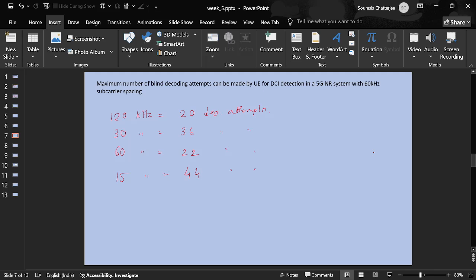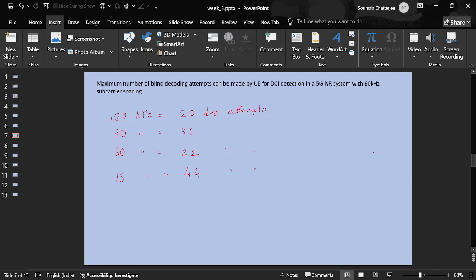So as a user, do I need to look into all these 275 times 14 places for a DCI every 0.5 millisecond, or is there some smart way standardization has defined, where you only look at certain places?